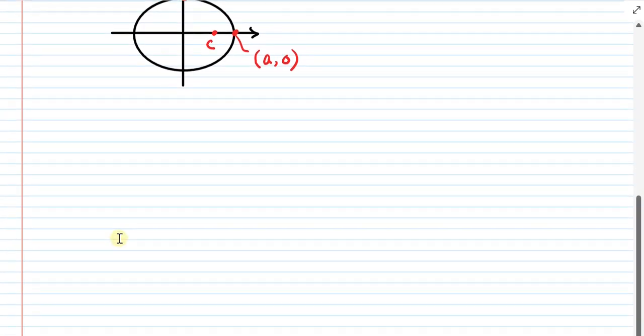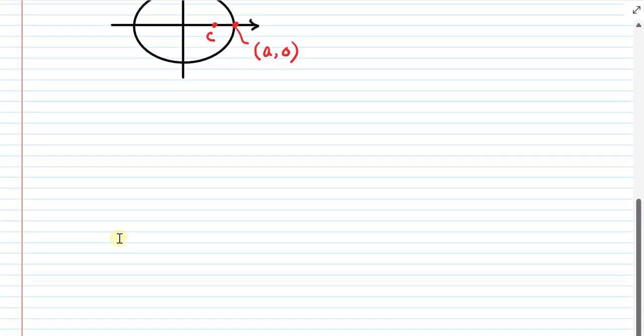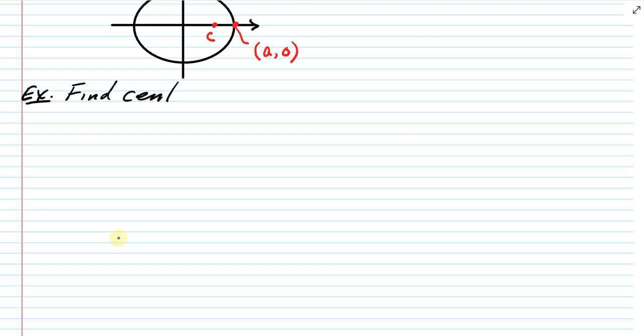Okay, so let's take a look at an example here. In my first example, let's say I want to find the important characteristics of the ellipse. Find the center. We want to find the vertices.